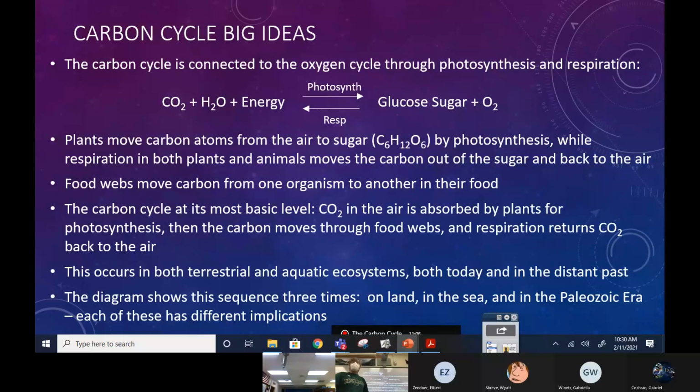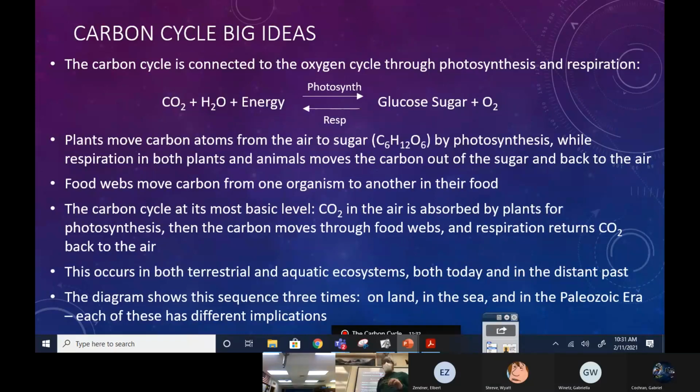That should actually be a review from back when you took biology as a freshman. Then when you write down the chemical reaction for respiration, you just write the same thing, but you write it backwards. I took a shortcut by just having one arrow for photosynthesis going to the right and another arrow for respiration going to the left.